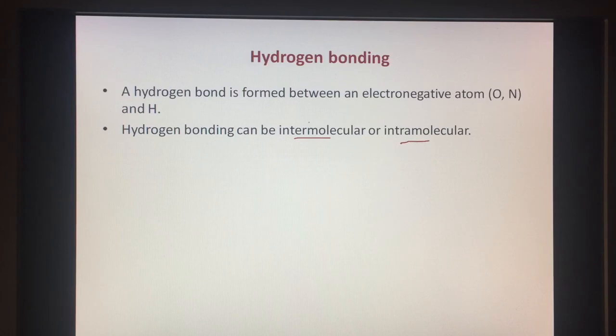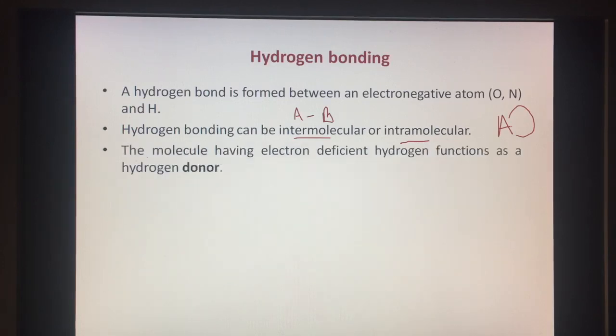Intermolecular means between two molecules A and B. One of the molecules will act as a hydrogen donor, another will act as a hydrogen acceptor. And intramolecular means within the same molecule A, we have hydrogen bonding between two functional groups. So this is intramolecular, this is intermolecular.